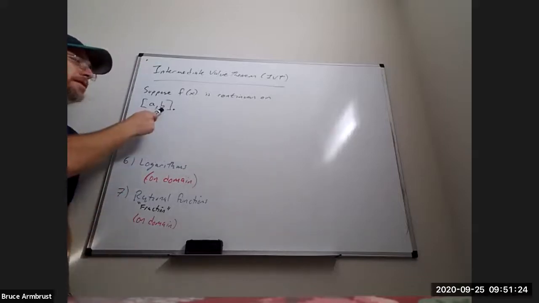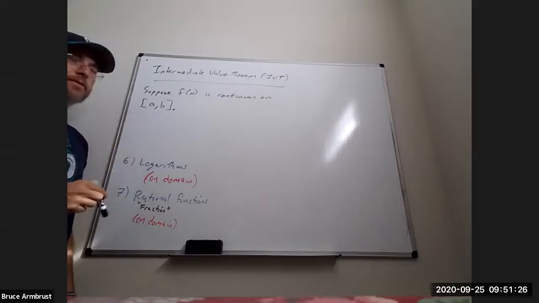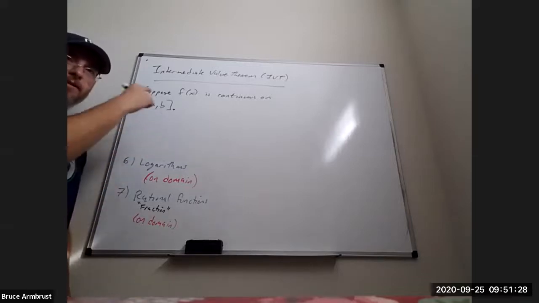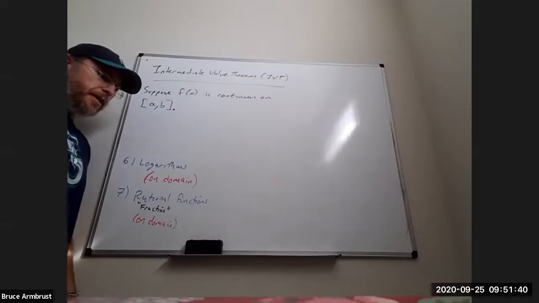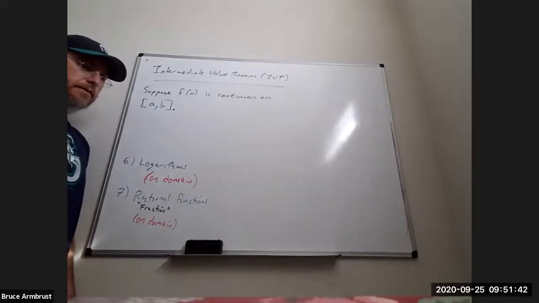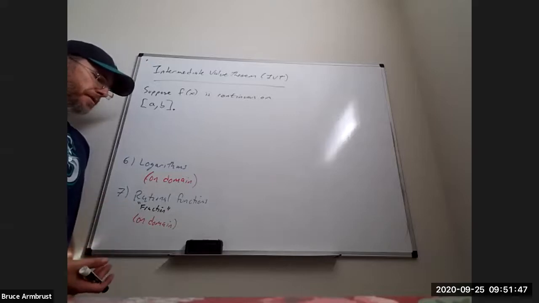Notice that this is a closed interval because it's got the brackets, meaning that we do include a and b. This is the only condition that we need, that f of x is continuous.